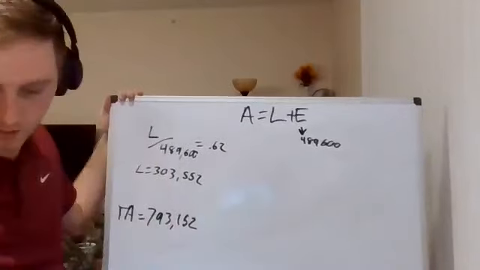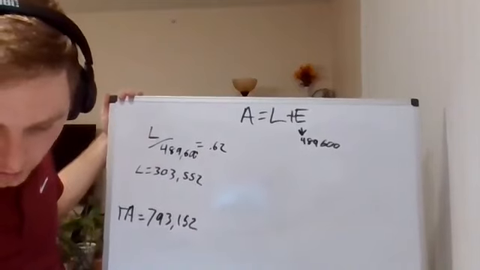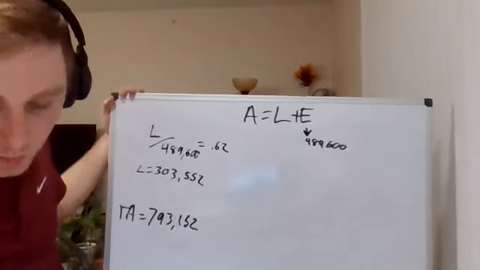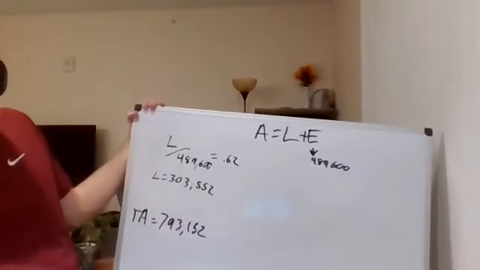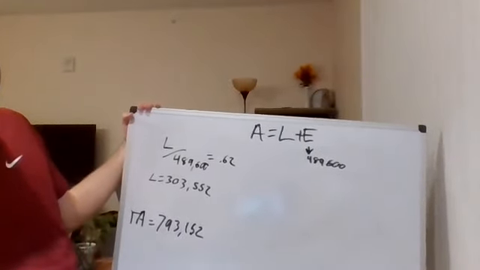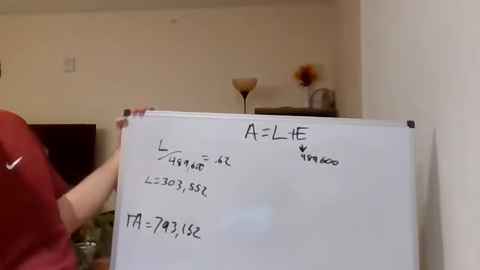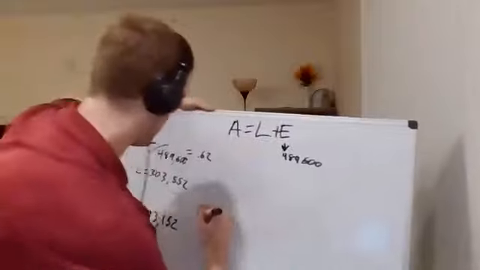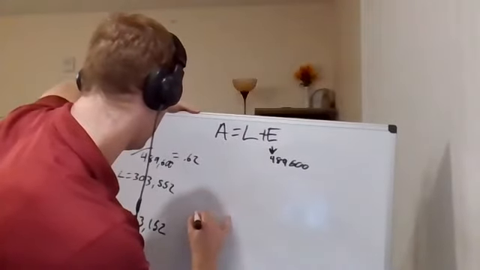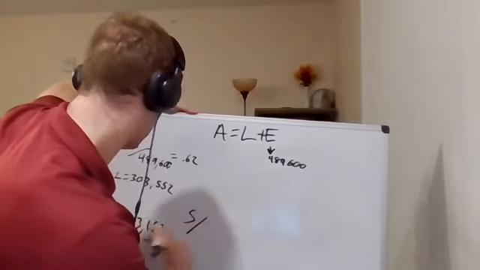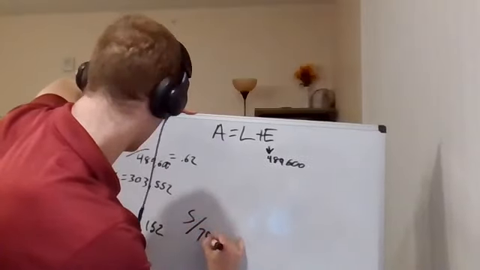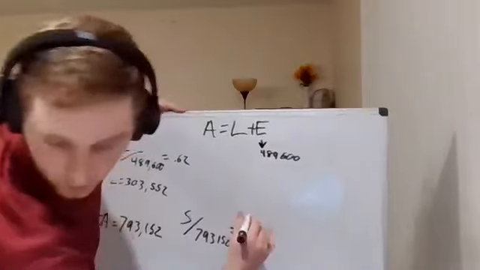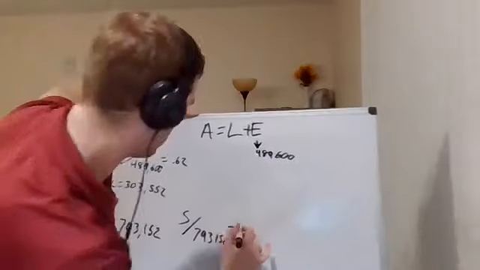That gives me total assets. Now I know my total assets and I know my total asset turnover is 1.24. Total asset turnover is sales divided by total assets, so sales, which we don't know, divided by total assets, 793,152, equals 1.24.